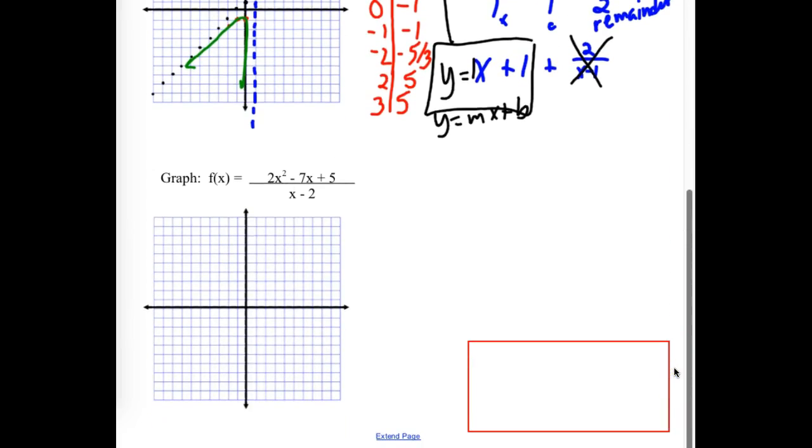Can we factor it? All right, let's try factoring the top, see if anything's going to cancel out for us. 2x squared, we'd have to break into 2x and x. To get a 5, we need 1 and 5, or negative 1 and negative 5. Where am I going to put them to get a negative 7?